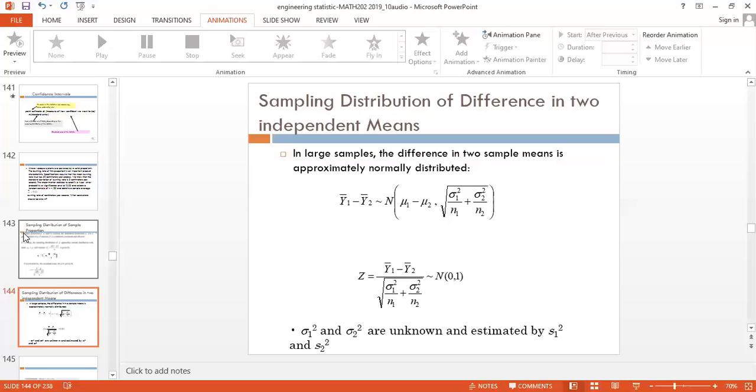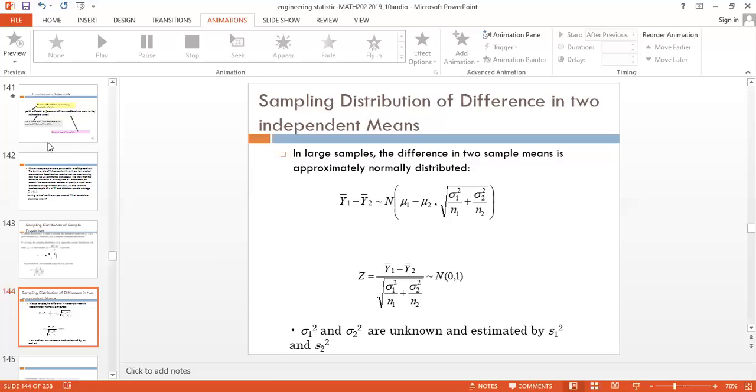Let me just take corn for an example. And then you want to test the effectiveness of a new fertilizer brand. So it's going to be the crops planted using the normal procedure as against crops planted using fertilizer. That is where we have the difference in the two populations.